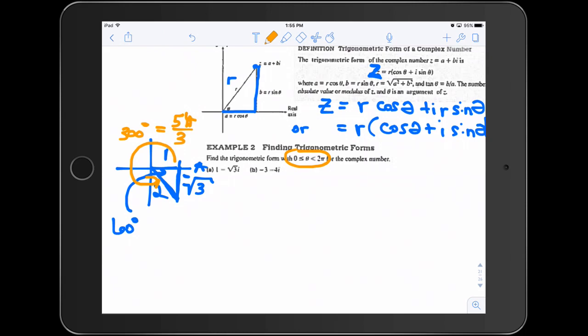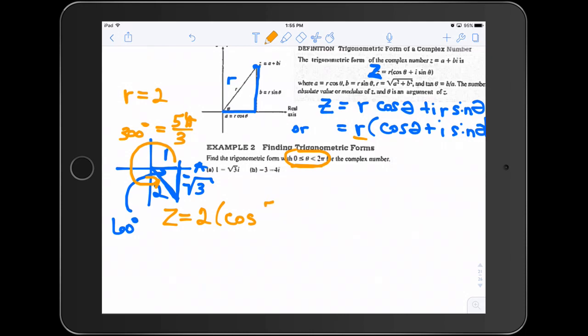So here's what we do. We go z equals, and whether you use the first equation or second one doesn't matter, but I know my radius, and I'll put that up here, was the hypotenuse, which was 2, so I'm going to put 2 in parentheses cosine, and the theta, again, was our direction angle, but of course it had to be in radians because of the notation saying it has to be between 0 and 2 pi.